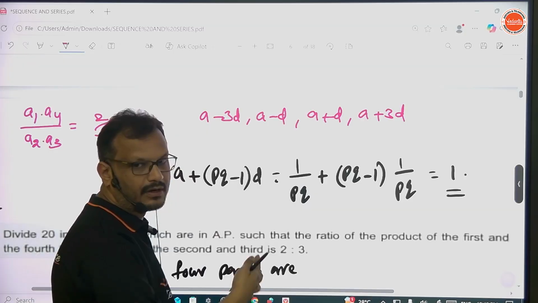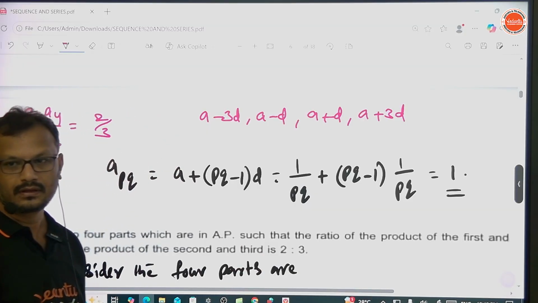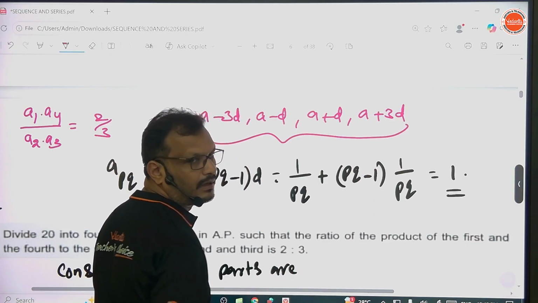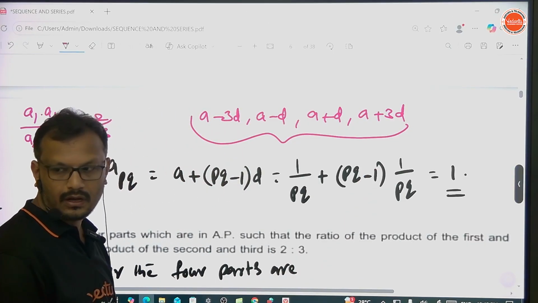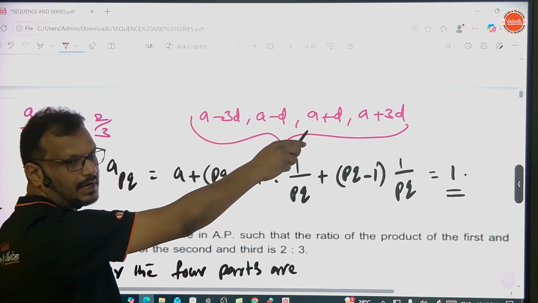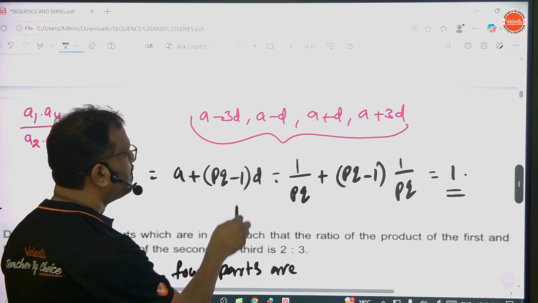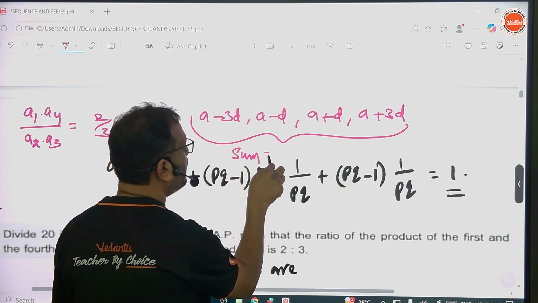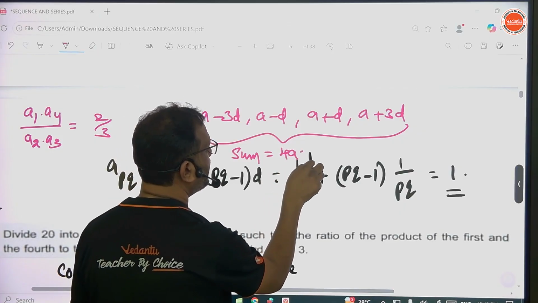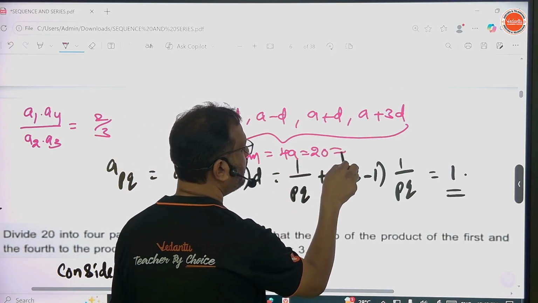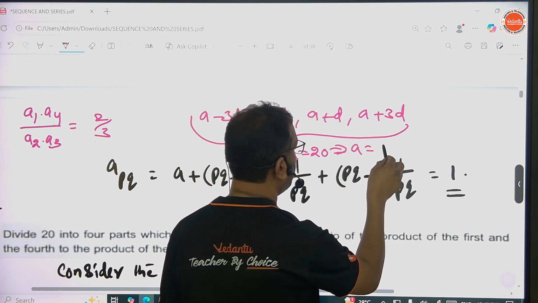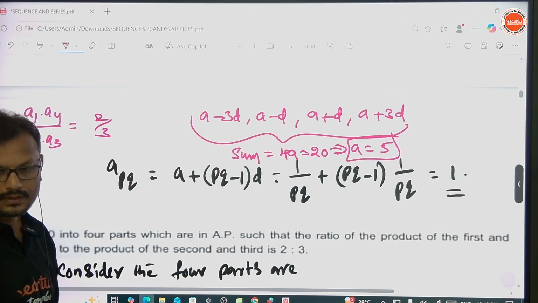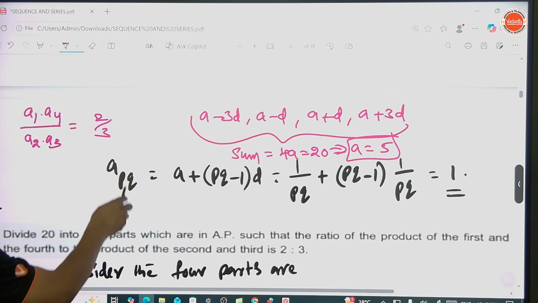Which number do we divide into 4 parts basically? 20. So the sum of these numbers must be 20. So the sum equal to what? 4A. 4A must be equal to 20, and the A value is 5. So now how will we get the D value? From this condition.